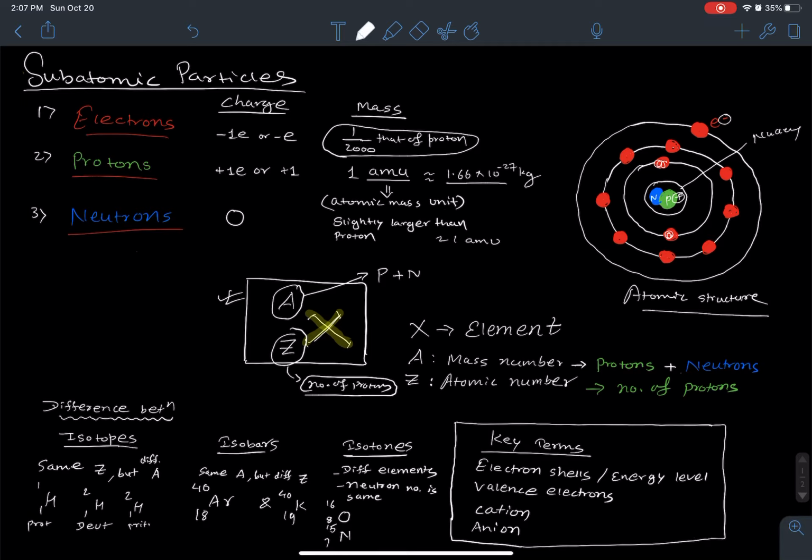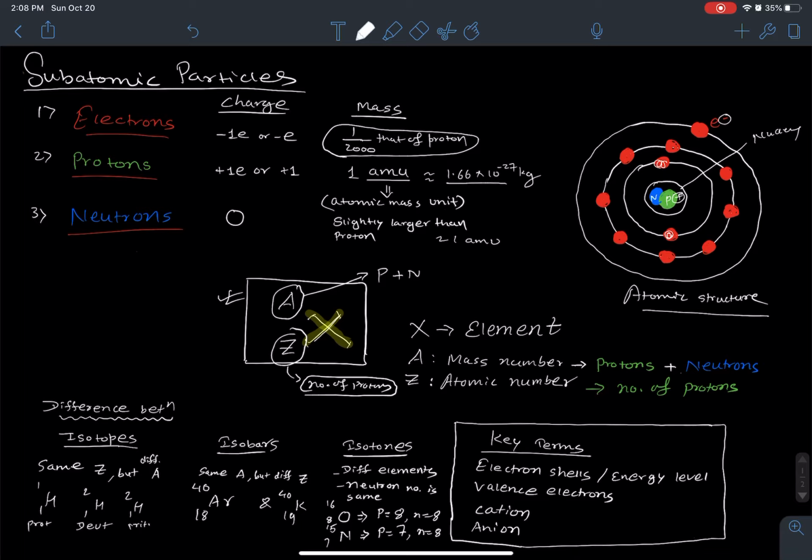Okay, then if you look at the combination of protons and neutrons, in oxygen there are 8 protons and 8 neutrons. But if you look at nitrogen, the number of protons is 7, and the number of neutrons is 8.